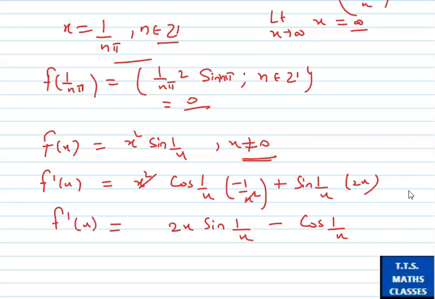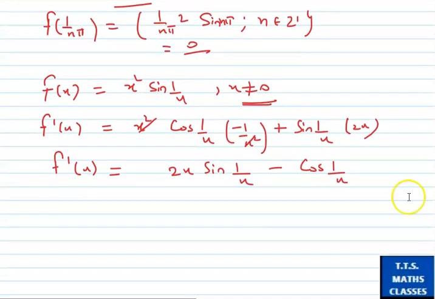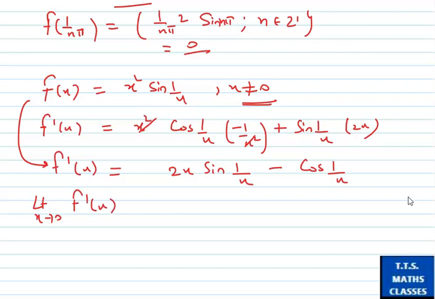Clearly, f is a differentiable function because its derivative is possible. Now we check whether it is continuous or not. For this, the limit as x approaches 0 of f'(x) should exist, because for continuity the limit of the function should exist.